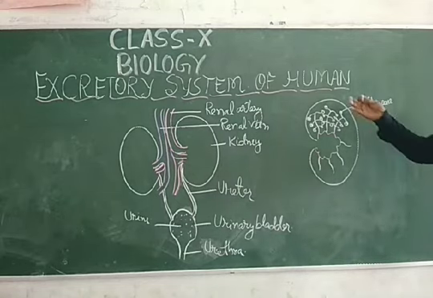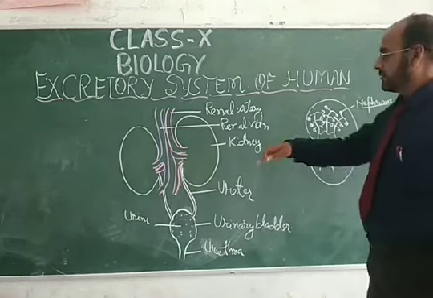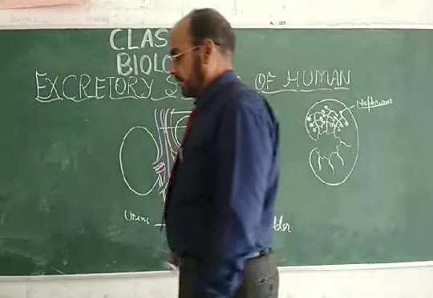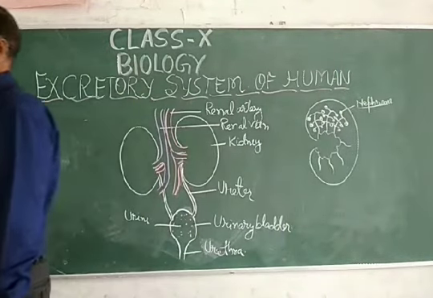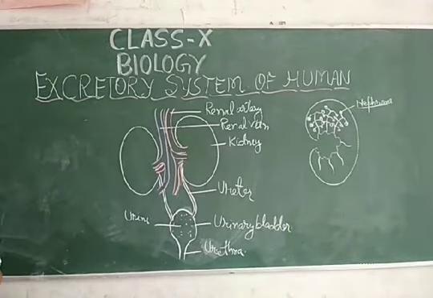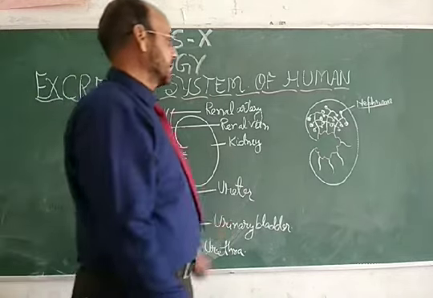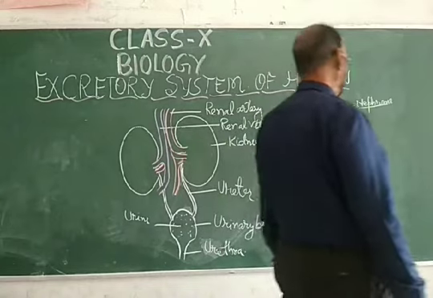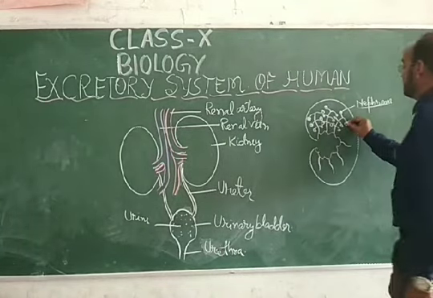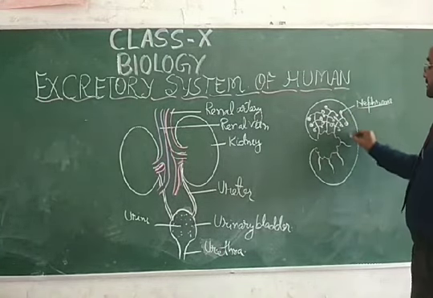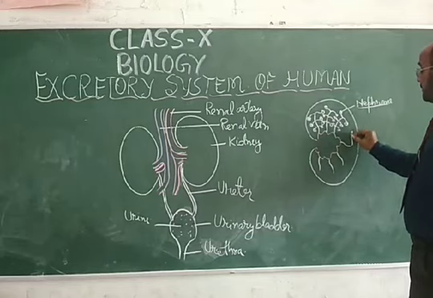My dear students, the morphological structure shows a pair of kidneys, renal vein, renal artery, urinary bladder as well as urethra, which is for the purpose of the excretion of nitrogenous waste. If you go through the internal structure of a kidney, you will find bunches of small units, and these small units are called nephrons.